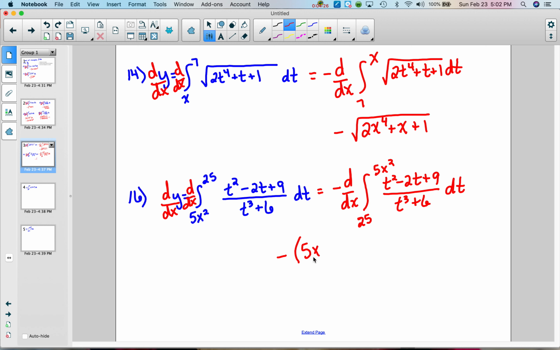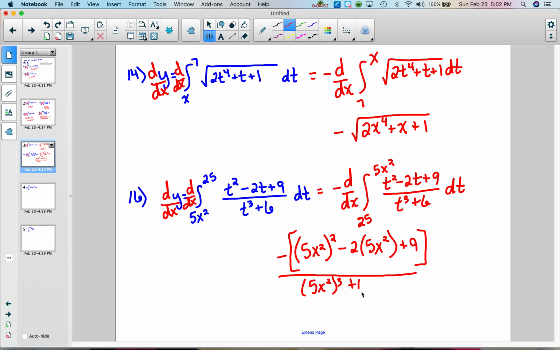So we're going to get 5x squared, and that's squared, minus 2 times 5x squared, and then we have a plus 9, all over, and then instead of a t cubed, we're going to put a 5x squared cubed plus 6. And then because it wasn't just an x, we have to take the derivative of this, which is the derivative of 5x squared, is 10x.